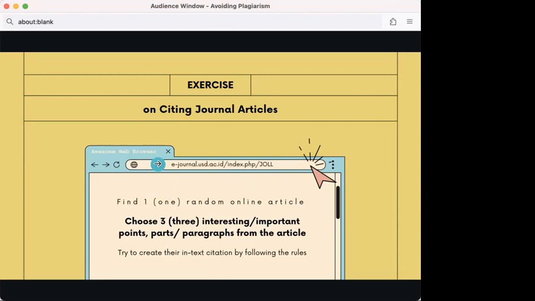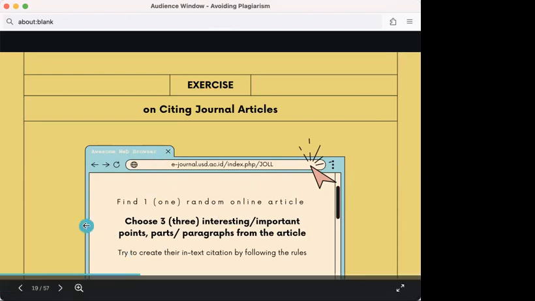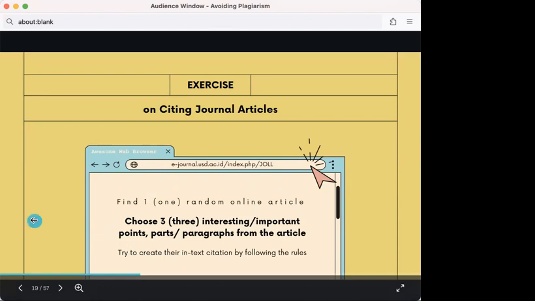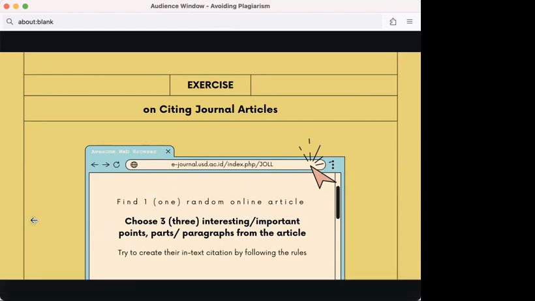It is the e-journal of our English Letters department. I want you to find one random online article and then choose 3 interesting or important points, or maybe parts or paragraphs, from the article. And then try to create your in-text citation by following the rules.